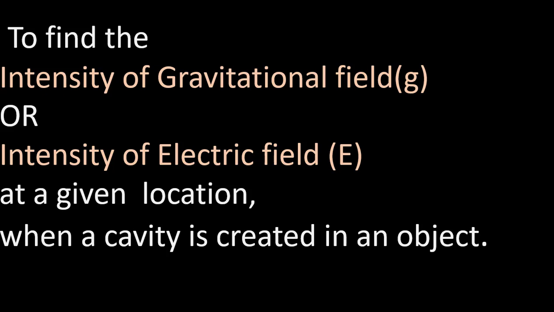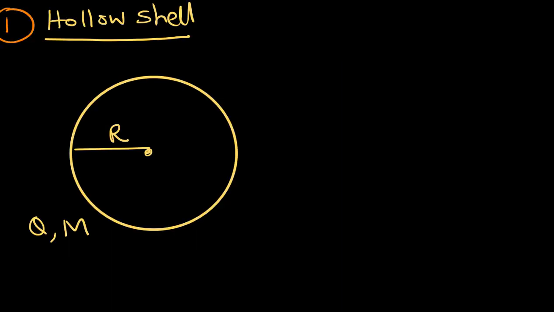Before we begin, let's quickly revise a few important formulas, the ones that form the backbone of our entire discussion. Let's start with the hollow sphere. So let's say we have a hollow sphere of radius R, and here I have written Q, that is charge, and M is mass. So depending upon whether you are dealing with electrostatics or gravitation, you will use Q, charge, or mass M. And we are interested in finding out the gravitational field or the electrostatic field at various distances from the center of this particular hollow shape.